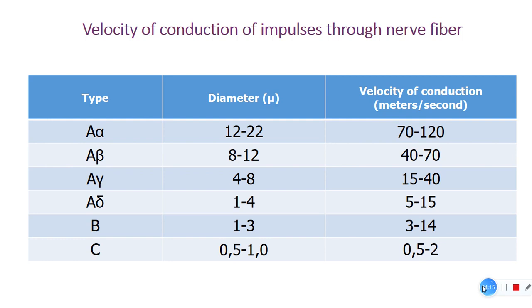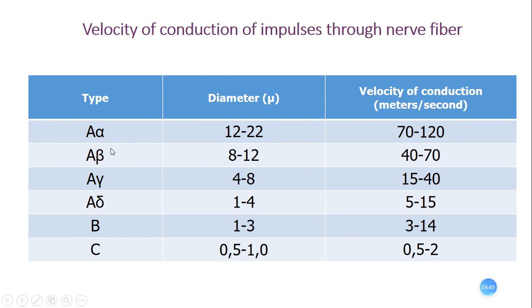Again, here we have the classification of nerve fibers. This classification normally is based on the diameter of nerve fibers. A alpha is the thickest, and C is the thinnest. Because A alpha has a larger diameter, its velocity of conduction is much higher.